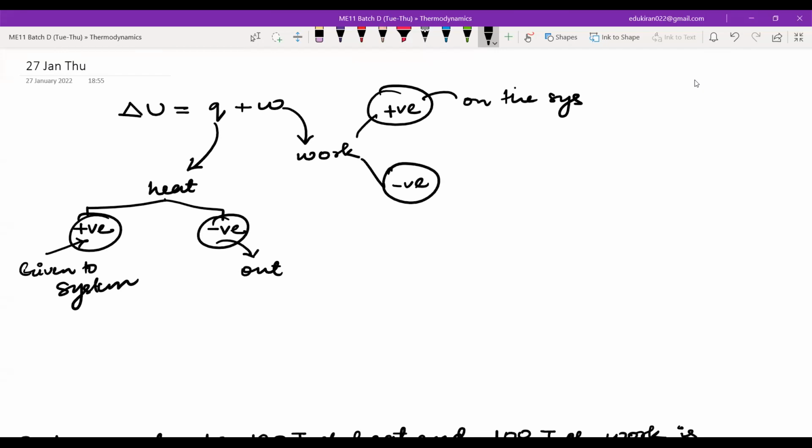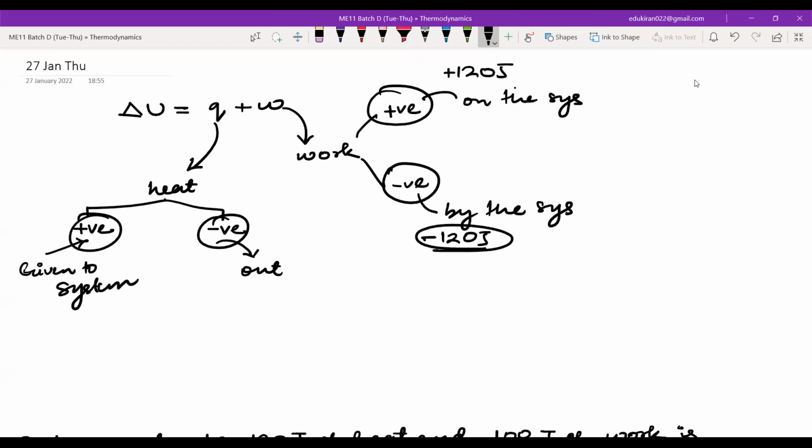For example, if I do 120 joules of work, I will have plus 120. If the work is done by the system, then we will take that work as negative. That means if the system is doing 120 joules of work, that will be minus 120 from the internal energy.